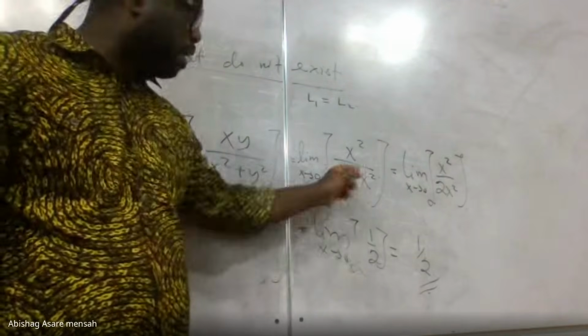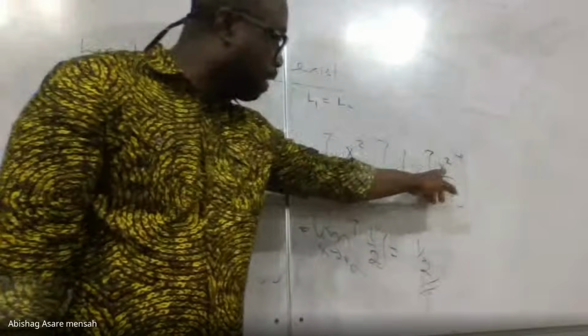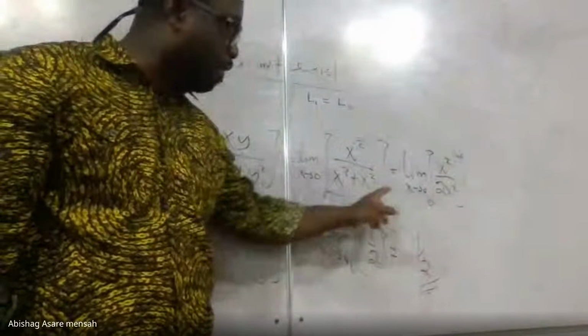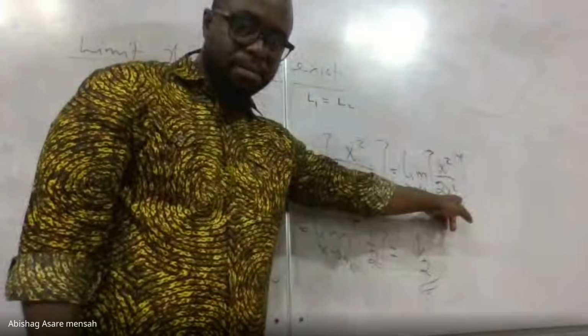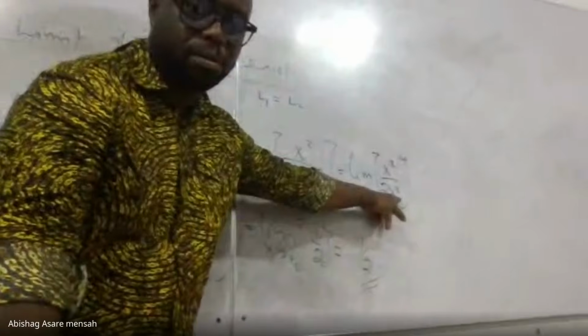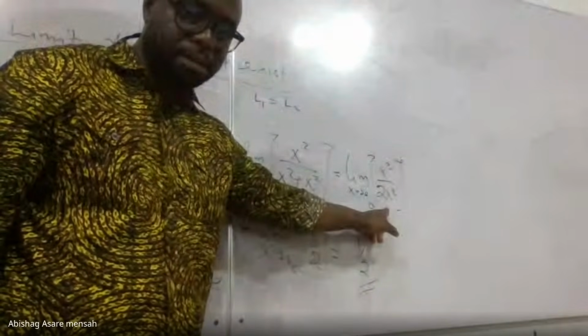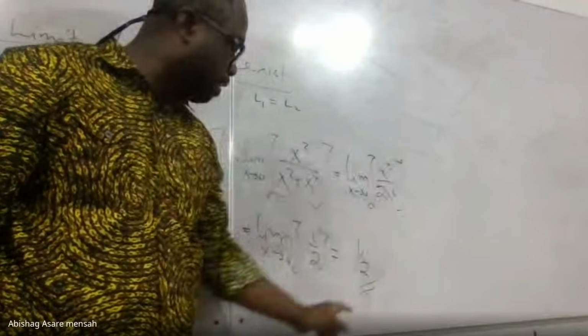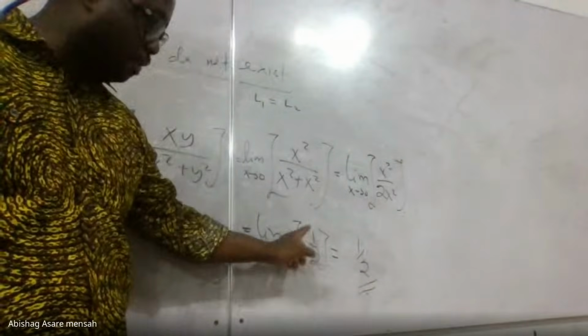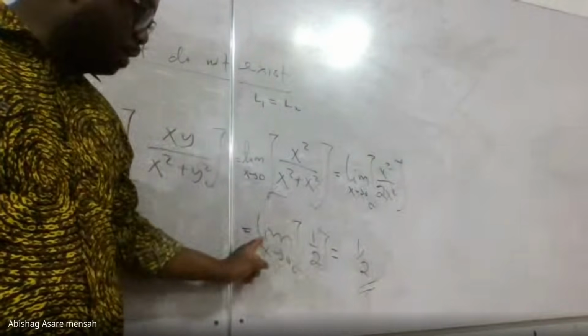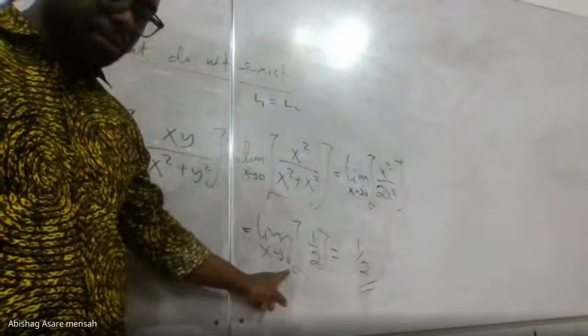After moving x to 0, this and that will give us 2x squared, where x squared will cancel x squared. If x squared cancels x squared, we get 1/2. So we are now going to find the limit as x approaches 0 of 1/2.